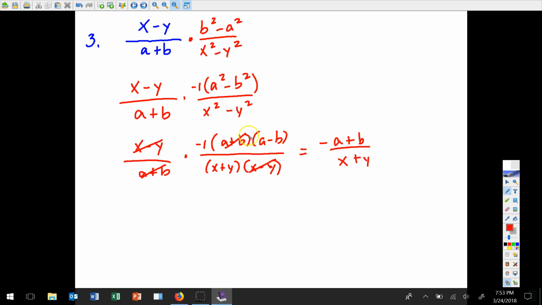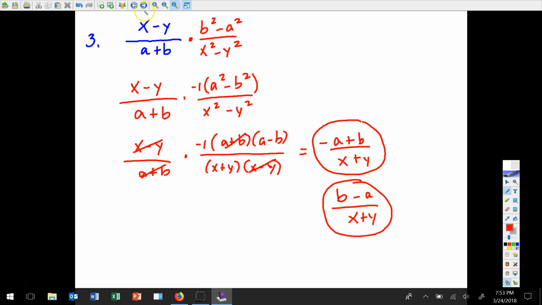Or I would say it's okay if you didn't factor out -1 and you left it as b plus a times b minus a, you could have ended up with an answer that looks like this. Same thing, just looks different. So either one of these answers would be acceptable. They really mean the same thing. If you notice, b is positive here, b is also positive here, a is negative in both places. So whichever one of these answers you get, if you got one of them, you are correct.